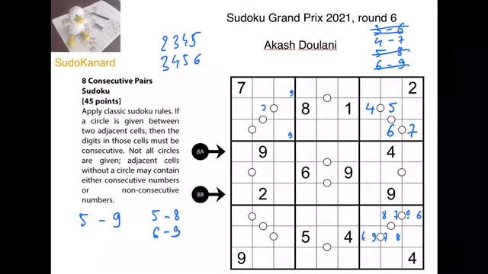And because this is a 3, the only option is this one. This is a naked single. It sees all digits but 6. And we're left with 1, 8, 9 in this box.